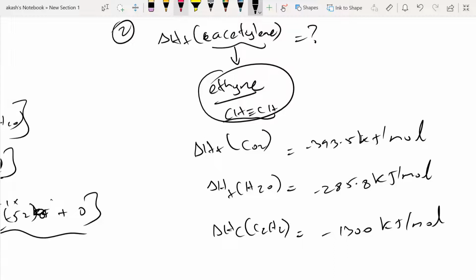There is one required equation, for the enthalpy of formation of C2H2, and they have given you three other enthalpies. For those also you'll be able to get some equations. So you have to do something to the equations so that you get the required equation. I almost told the answer.